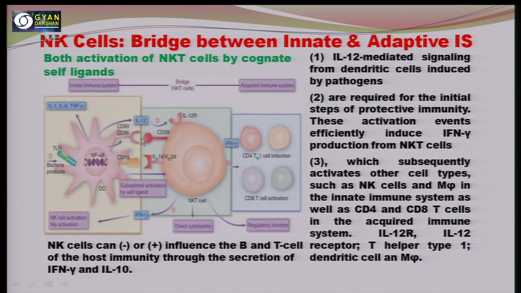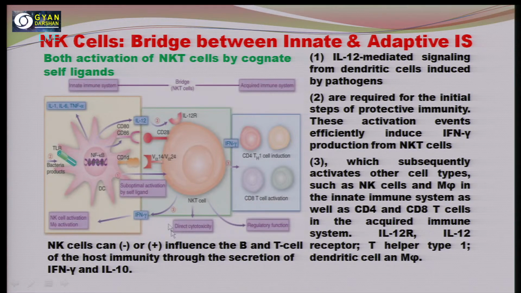Here you can see the interleukin 12 mediated signaling from the dendritic cell induced by the pathogen. In the second case, these are required for the initial step for protective immunity. These activation events effectively induce interferon gamma production from the NKT cells.